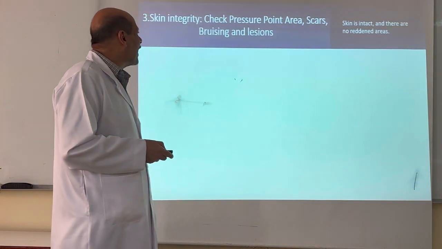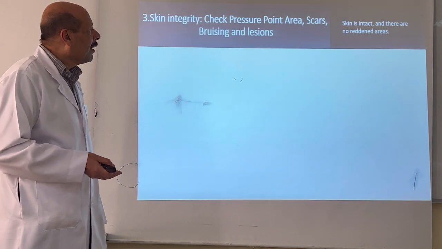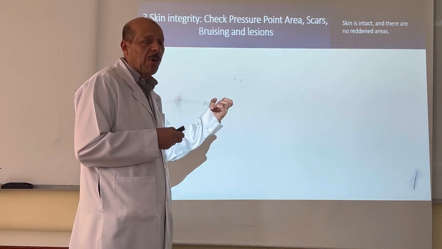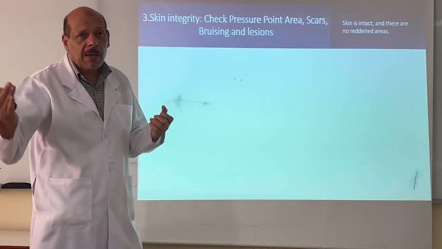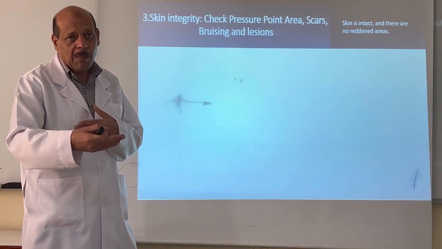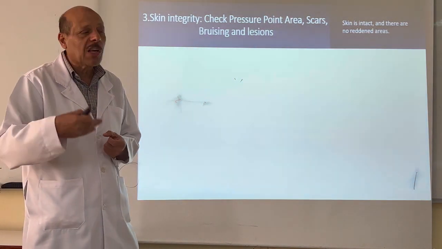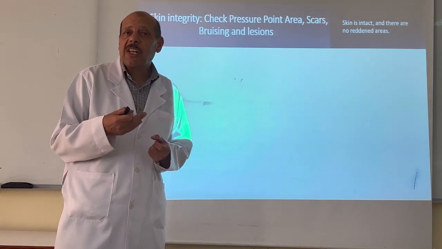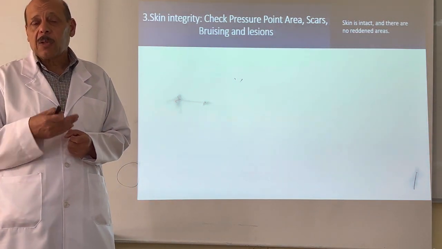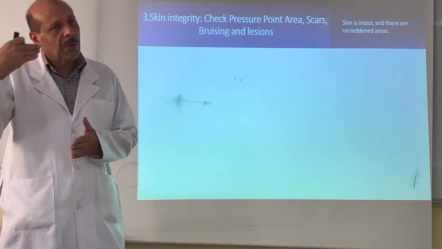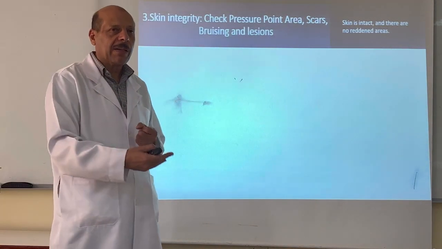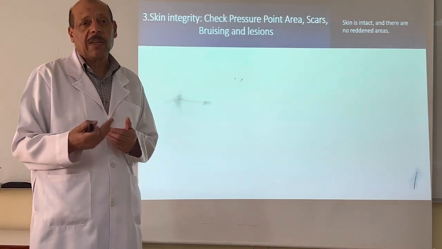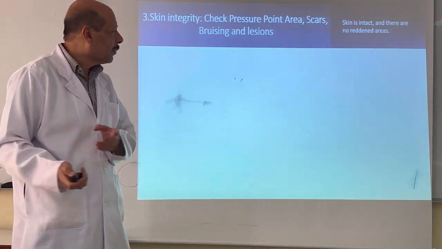So we will assess the skin integrity, check also the pressure areas, especially if the client is immobile, if he is having difficulty in movement. So the pressure area, it will lead later, if we are not moving the client, if we are not taking care properly for the client, it will lead to bed sore.